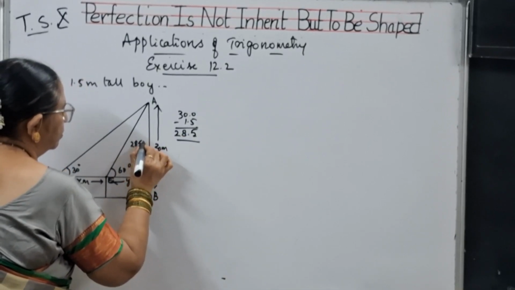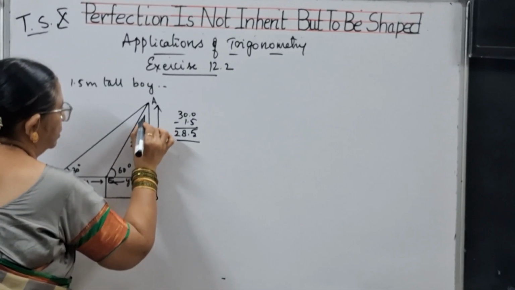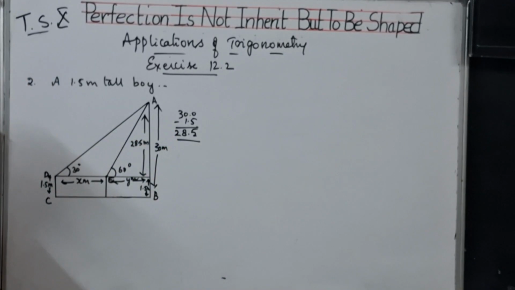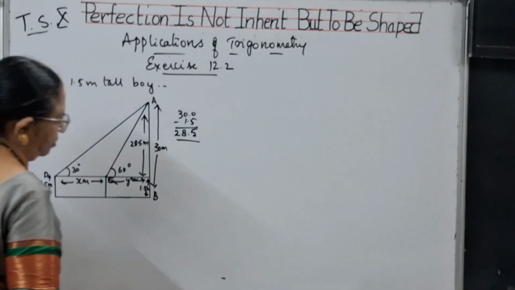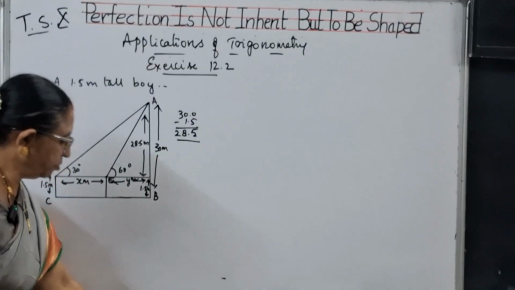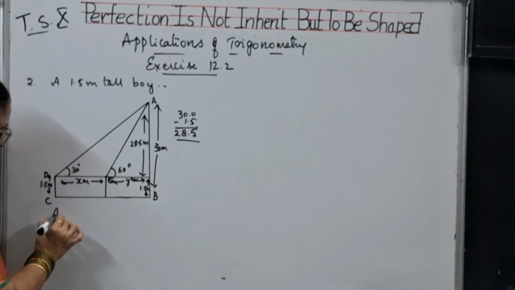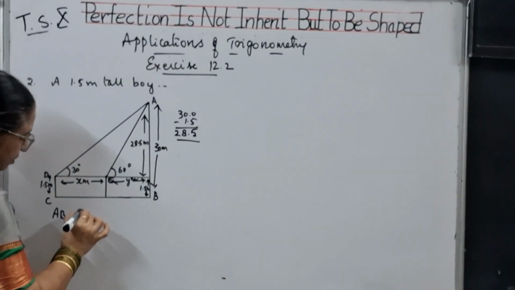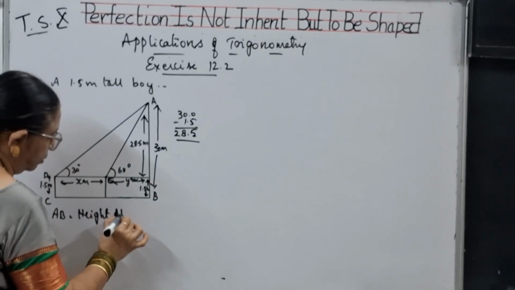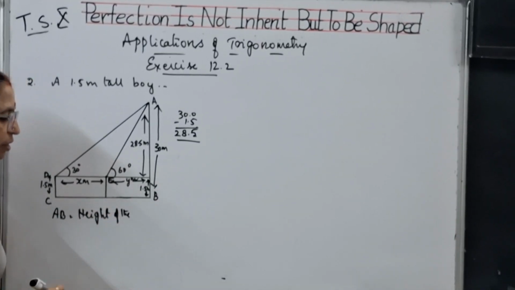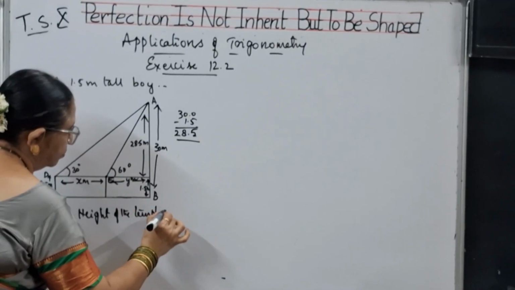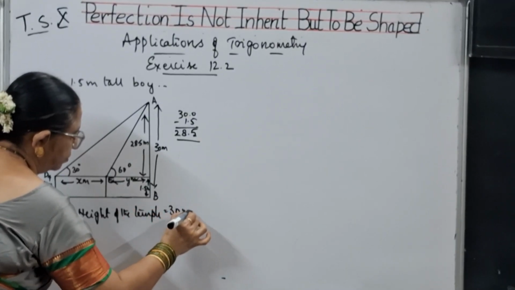So this height, from here to here, is 28.5 meters. Let me first write the nomenclature that we will be using here. AB is the height of the temple, 30 meters.